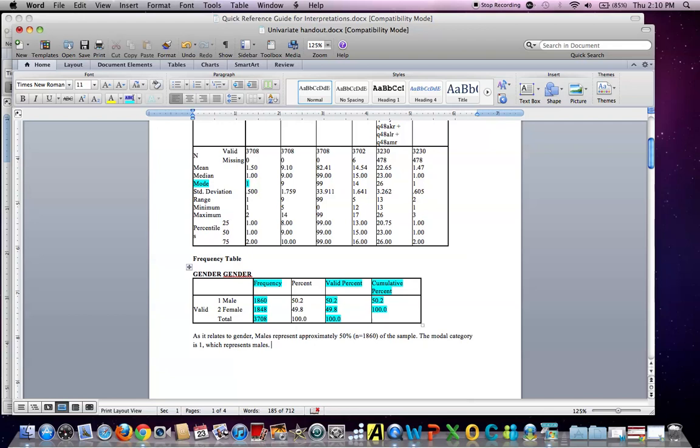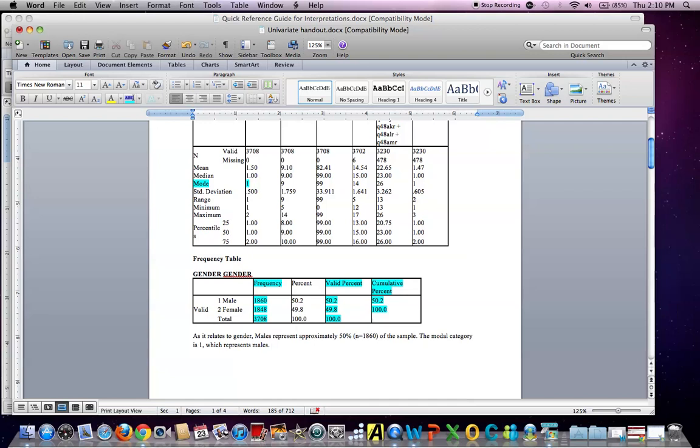If you look at the valid percents, and there's several ways you can try to figure out what's compelling about the data. In this case, looking at the frequencies and percentage, you'll notice that if you round 49.8 up, you get 50%. You round the valid percent down, you get 50%. So essentially, males and females represent an almost equal distribution in this data.